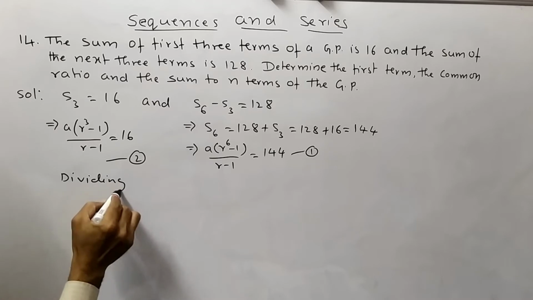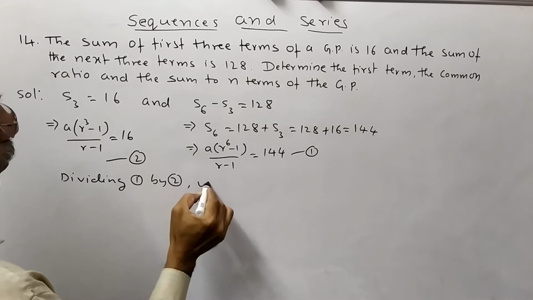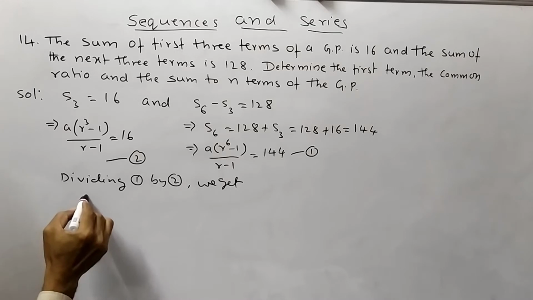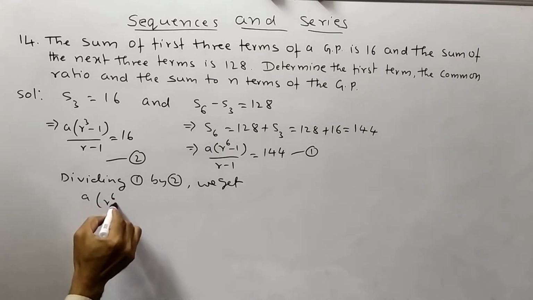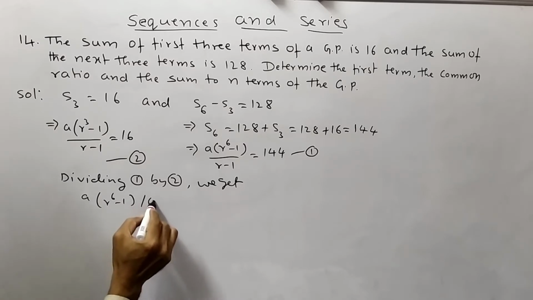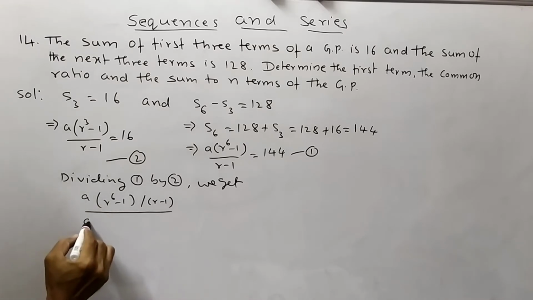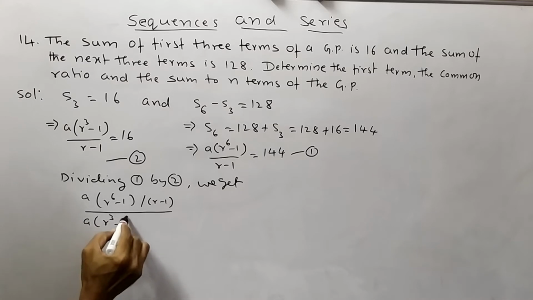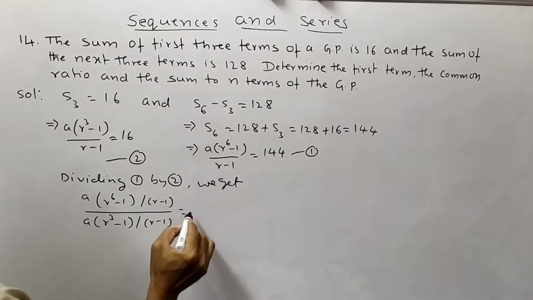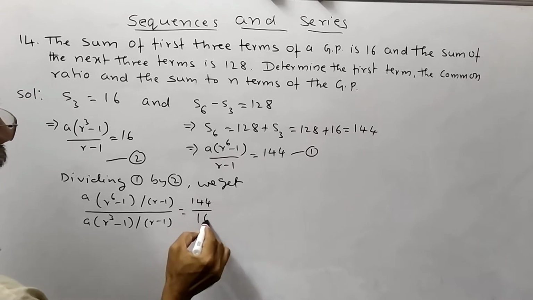Dividing 1 by 2, we get A into R raised to the power 6 minus 1 divided by R minus 1, whole divided by A into R raised to the power 3 minus 1 divided by R minus 1, is equal to 144 divided by 16.